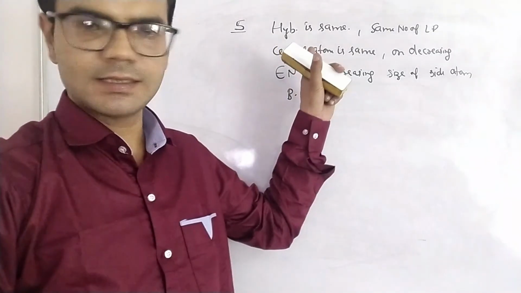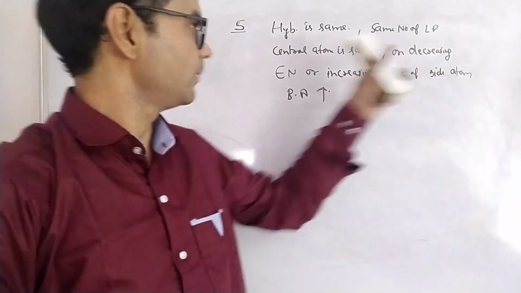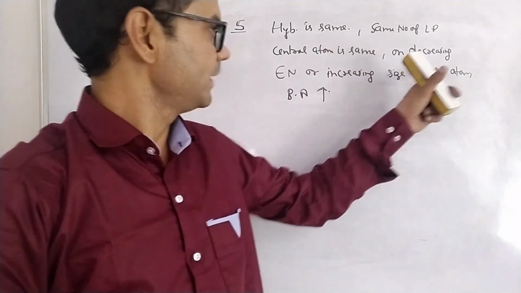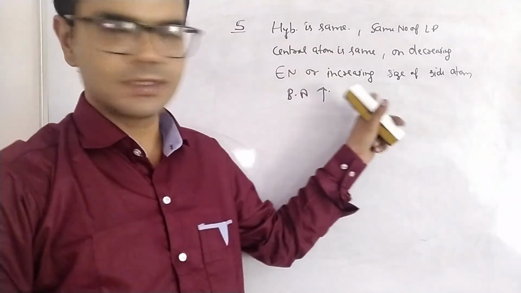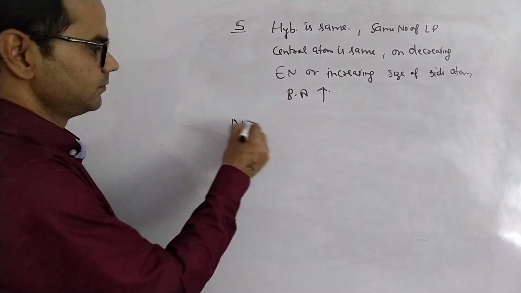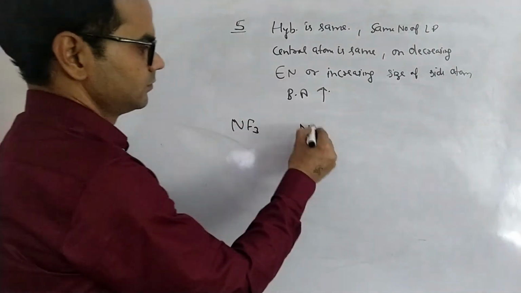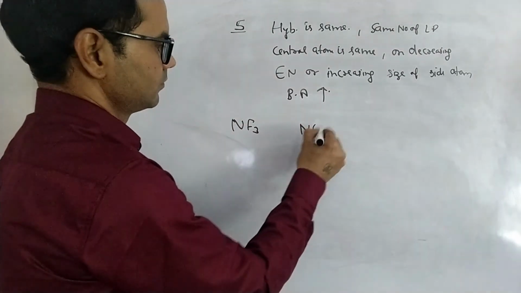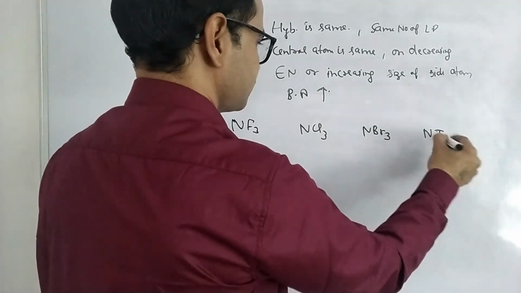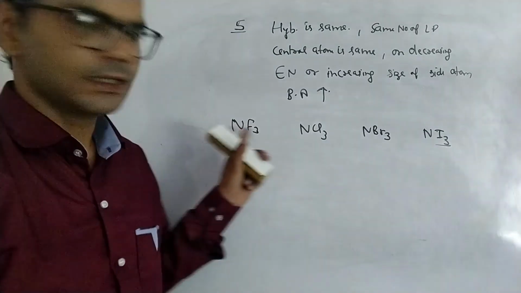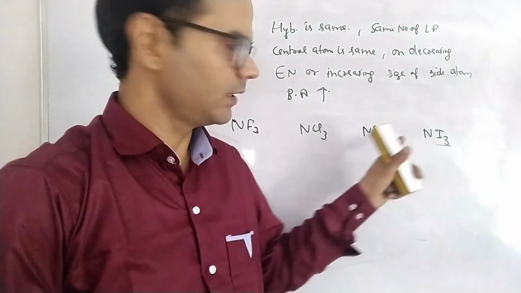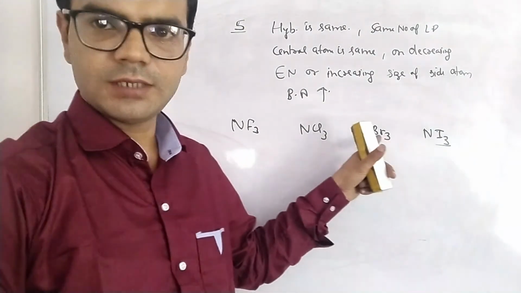Now hybridization is the same and the number of lone pairs is the same again, but now the central atom is the same. On decreasing electronegativity or increasing size of the side atom, bond angle increases. For example, the central atom is the same: NF3, NCl3, NBr3 and NI3, right?